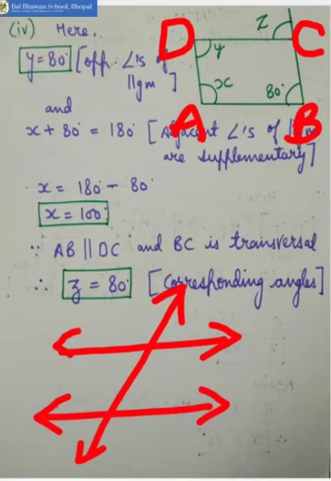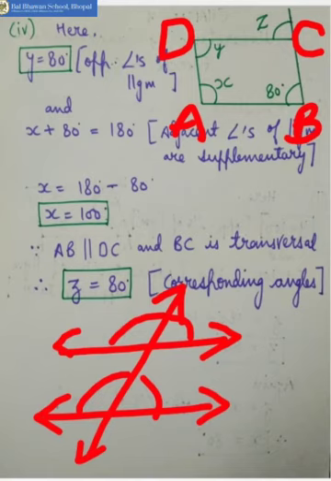When a transversal intersects two parallel lines, then total 8 angles are formed. You might remember that the angles like this, for example these two angles, are a pair of corresponding angles.